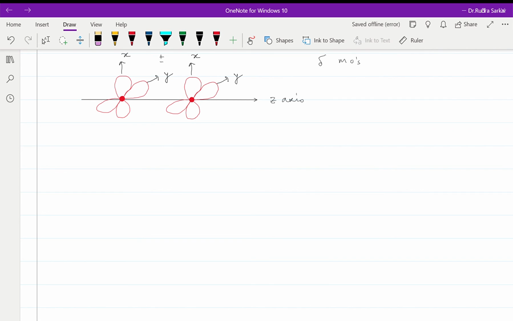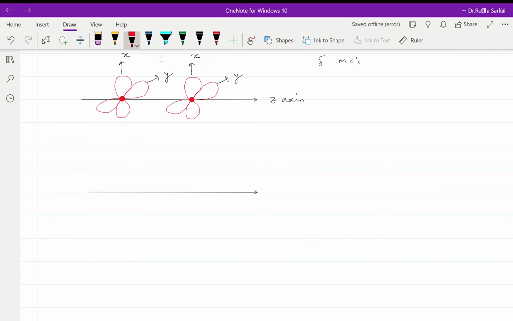Now what about dxz and dyz? Let's think about that. So suppose this is our internuclear axis again, and I'm thinking in my mind I have to draw dyz. So dyz will be what? Something that will be within the y and the z axis, right?